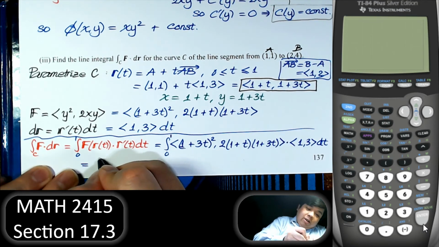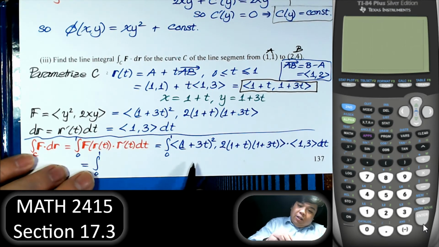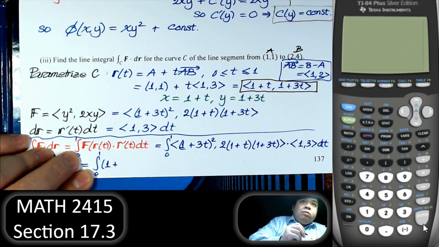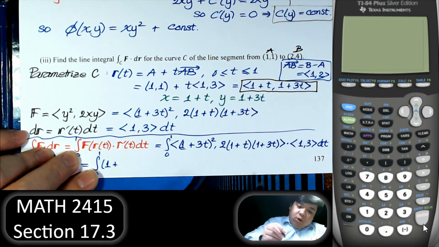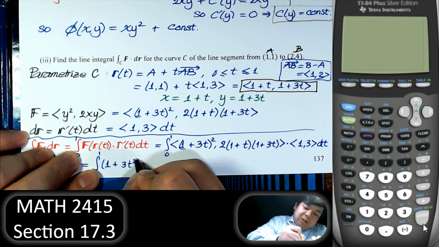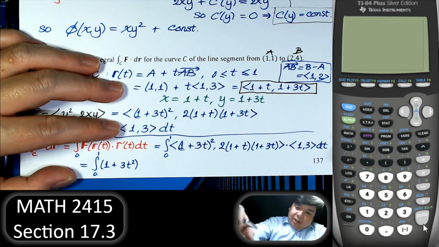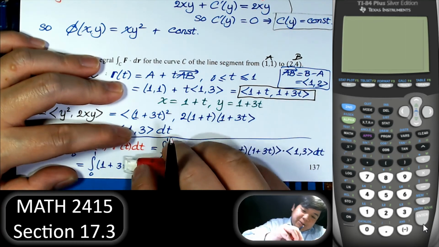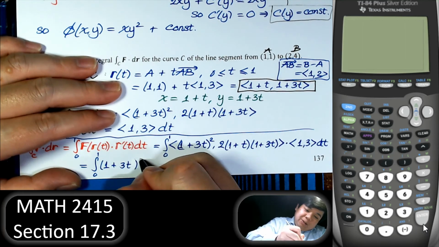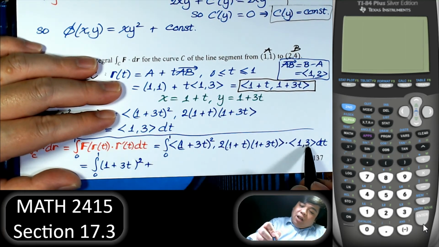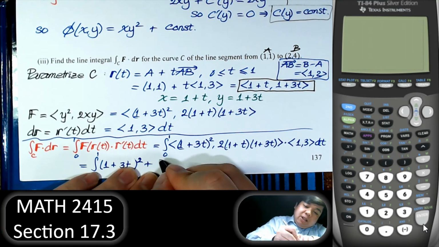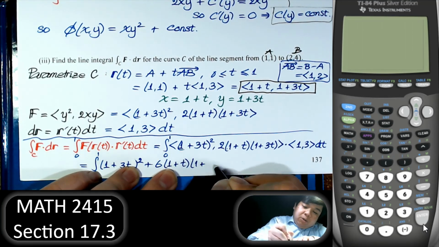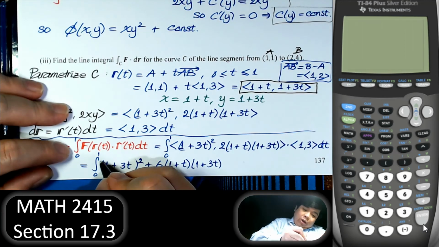So the dot product gives us: multiply that times 1 and multiply that times 3. That gives us 6, 1 plus t, 1 plus 3t. Now we integrate that.